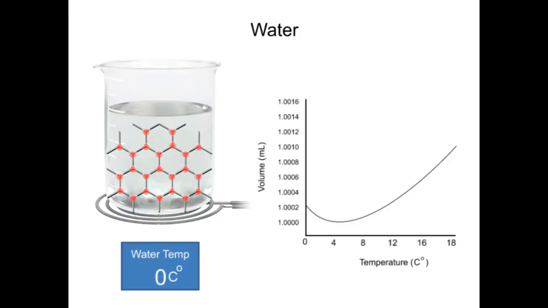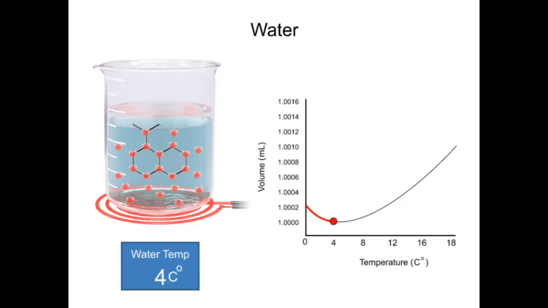As ice is heated from 0 to 4 degrees Celsius, it begins to thaw. However, because melting is not an instantaneous process, the water molecules transforming from the crystalline state to a liquid are decreasing in overall volume, while the water molecules absorbing heat in the liquid form are increasingly more active, which increases volume.